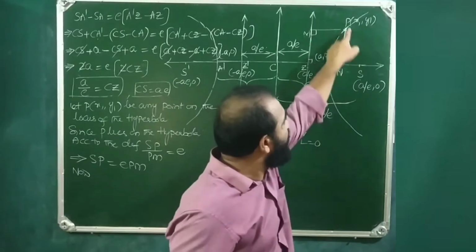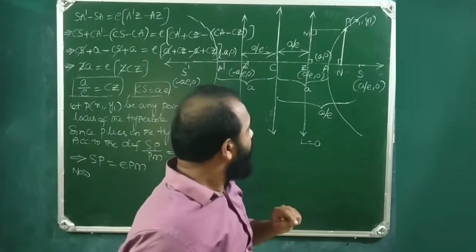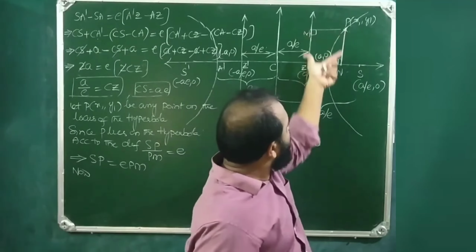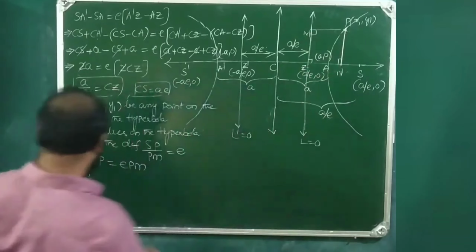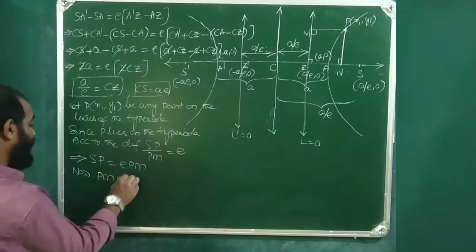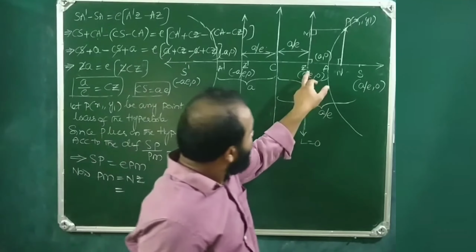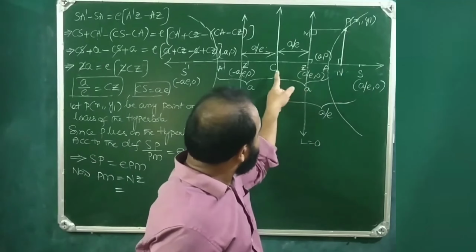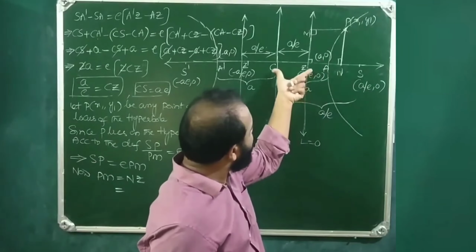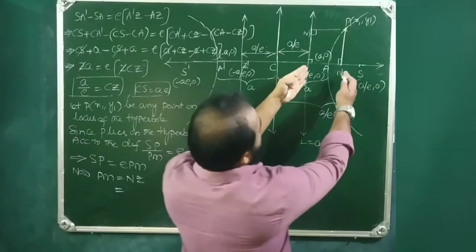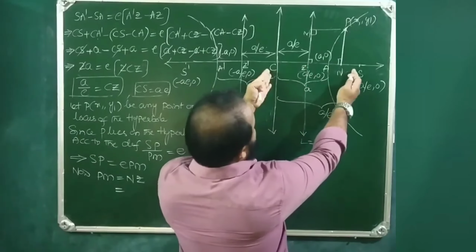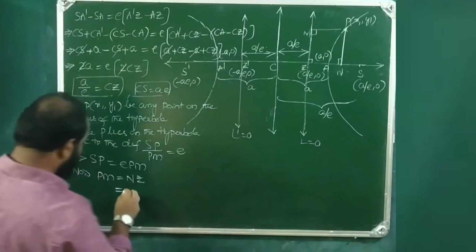So therefore this is the rectangle so formed. Now this PM equals NZ, can we take? PM equals NZ. So this NZ can again be written as total CN minus CZ. NZ is equal to total CN minus CZ.